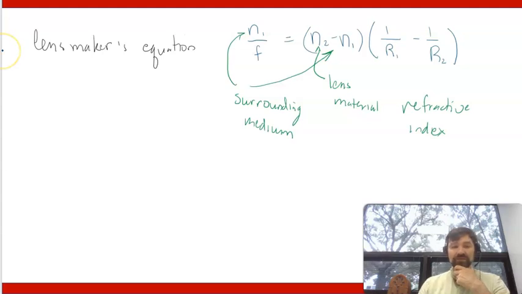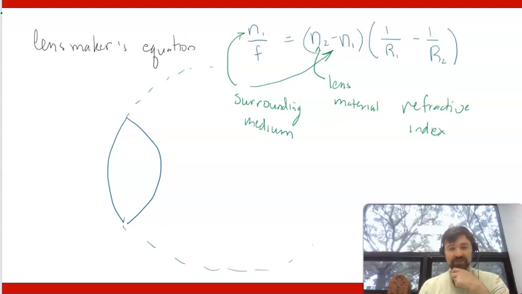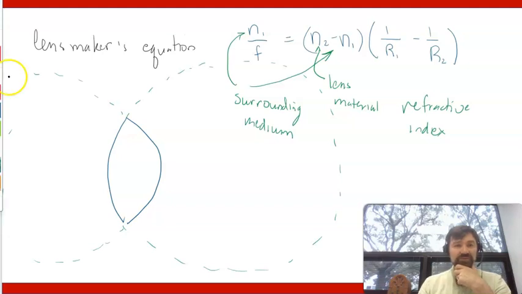So if I were to look at the lens, maybe I have a lens that happens to be shaped something like this. So I have one face here, I have one face here. The radius basically is, if I were to continue this face off to make a complete sphere, then what would the radius of that sphere be?